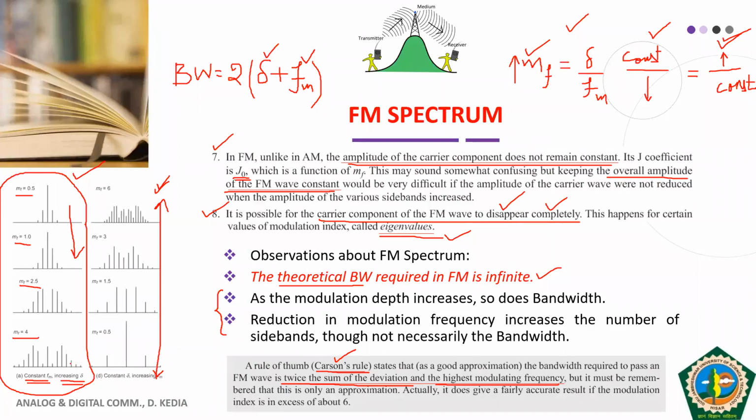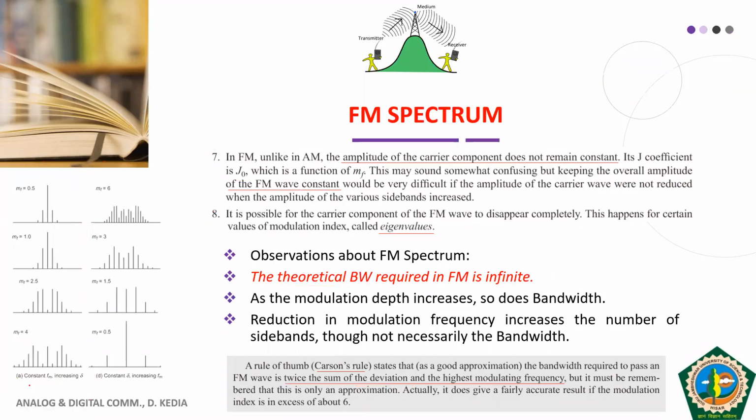So what does it mean? That if we increase the modulation index value by increasing frequency deviation, in that case the number of sidebands will increase. See, when we have MF equal to 4, there are so many sidebands, and in fact the number of significant sidebands is more.